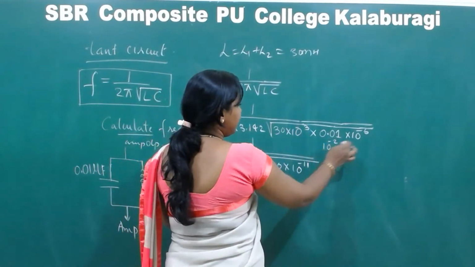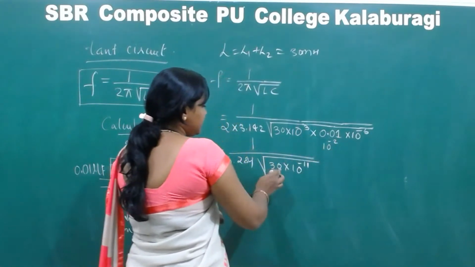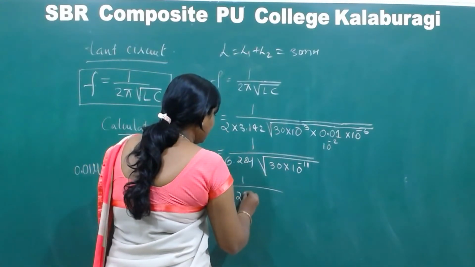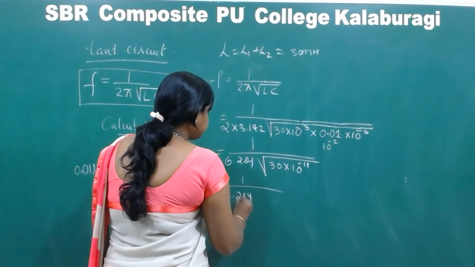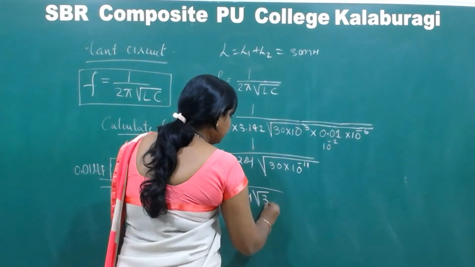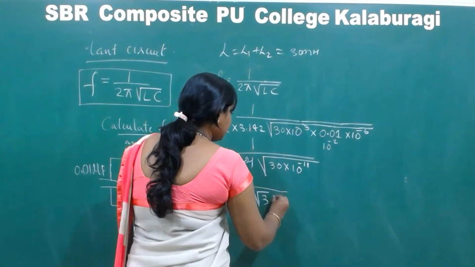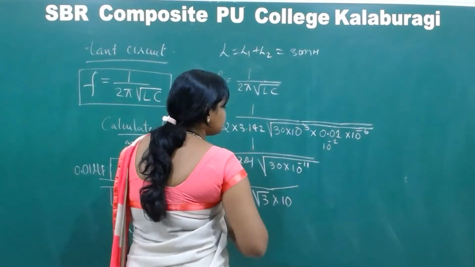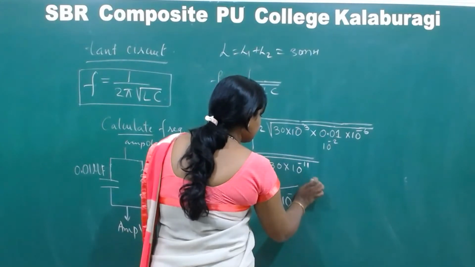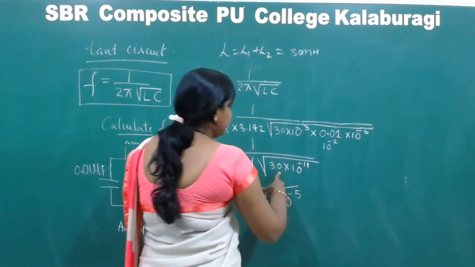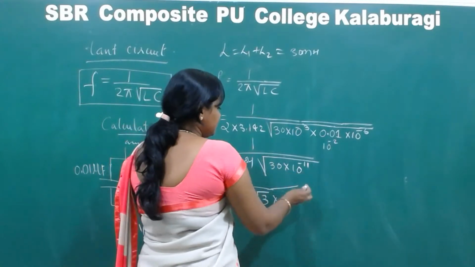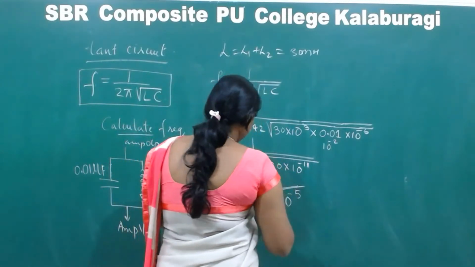3, 5, 11. Now it is into 30, so we can write it as 6.284 root of 3 into 10 to the power of minus 5 into 30. If it is into 10, then it is minus 10.